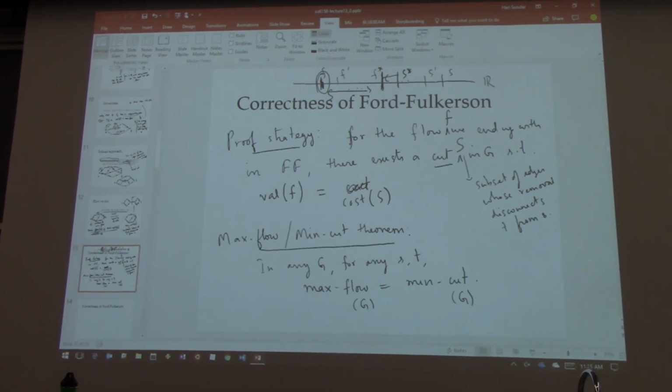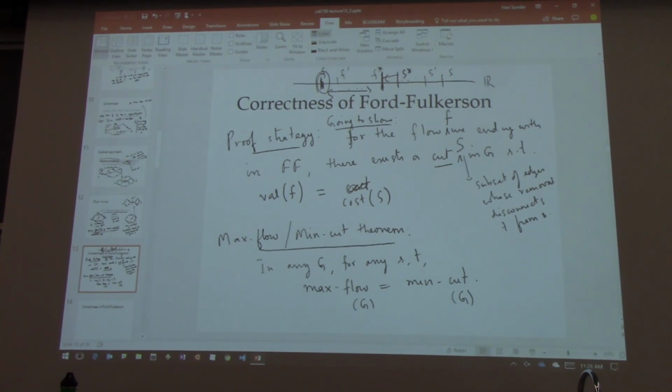Okay, so we are going to show that for the flow that we end up with, there exists some cut with the value of the flow. Yeah. So basically what we are trying to say here is that the max flow can go from a lesser value to a higher value, and the min cut can go from a maximum value down to a lower value.